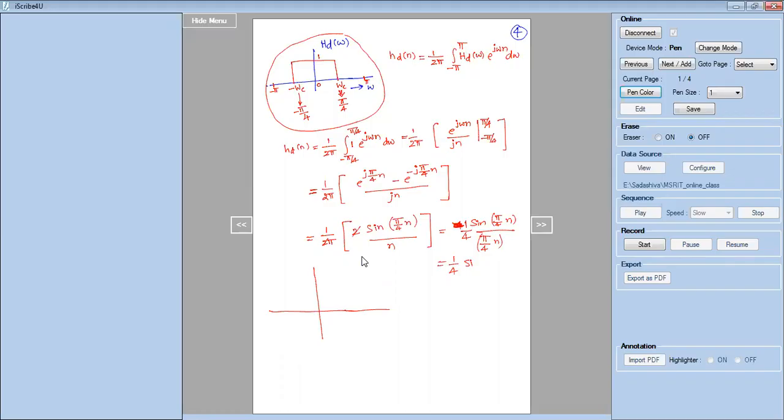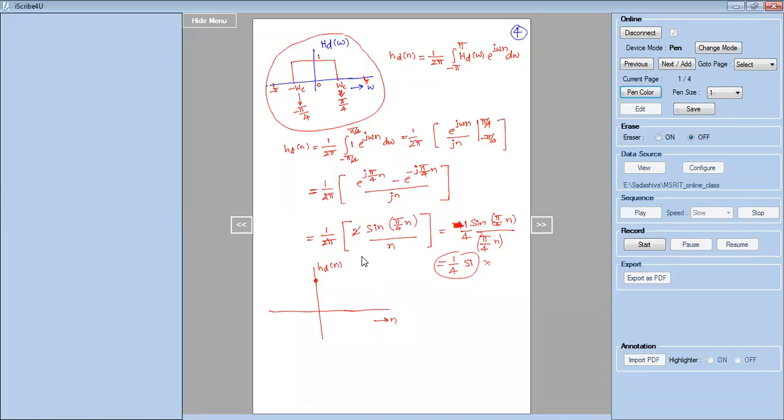Okay, let me consider sine pi by 4 n divided by pi by 4 n only. Let it be as it is. So can you find out with the different n values? Can you find out what will be HD of n? You can consider different n values. Okay, so n is equal to minus 10 to 10 or whatever values.